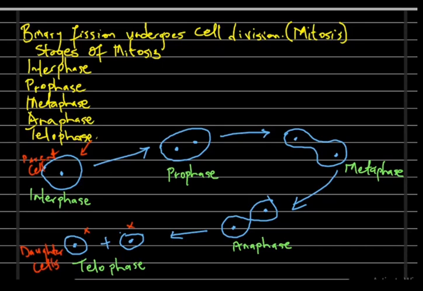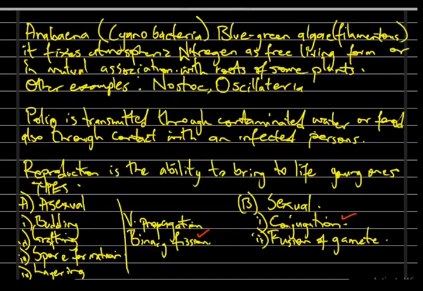So whenever we carry out binary fission or cell division and mitosis, we usually have two daughter cells produced from the parent cell. So that is what binary fission is talking about. And then talking about the second process, which is the conjugation.